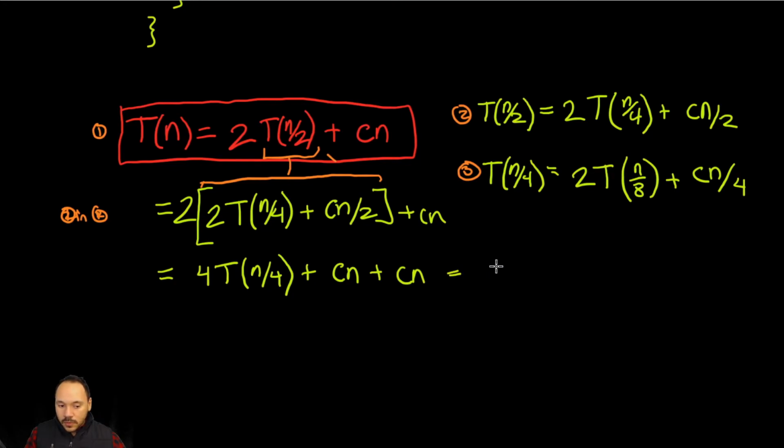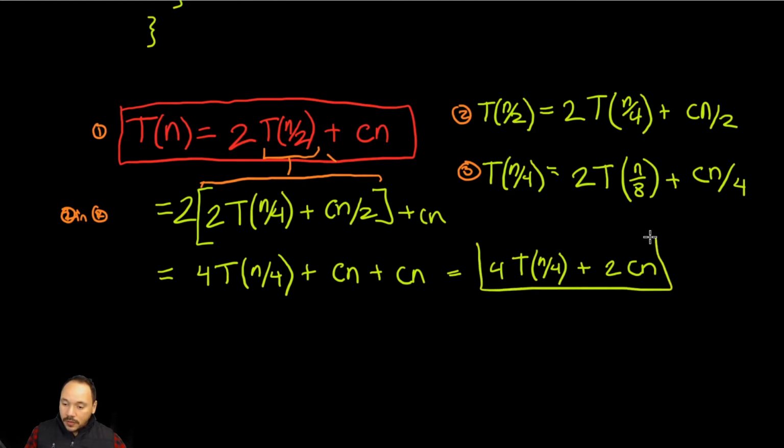So this will be equal to 4 Tn by 4 plus 2Cn. Okay, so that's the expression that we get, 2 in 1. So now we got this formula. So now we have the definition of 4.